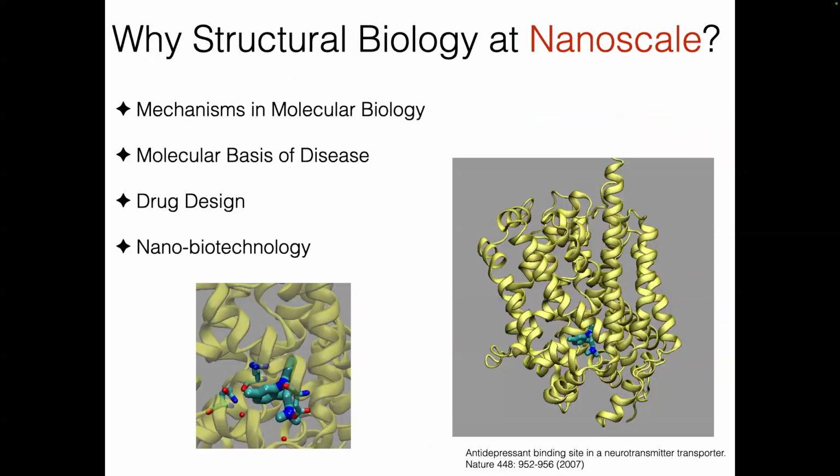I usually use this slide from when I did pharmacy 40 years ago. When we studied pharmacy, there was no concept of where the drug binds to a receptor. We just had the pharmacokinetic, pharmacological properties, and they would give us the concept of a pharmacophore. So there is this place, it must be like this. But nowadays, you can see this is a structure of the serotonin transporter, a very important transporter in the brain, with an antidepressant drug bound to it.